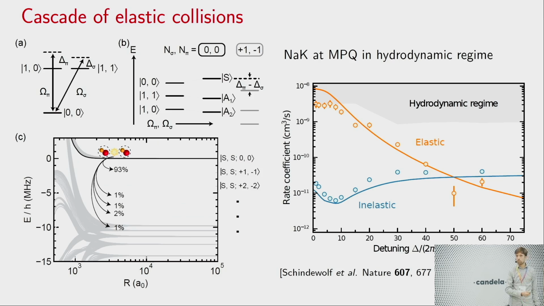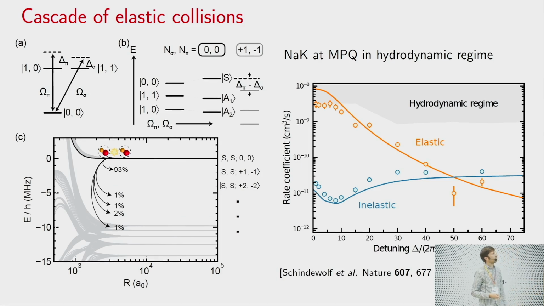It's not limited by elastic collisions, but rather by motion in the trap. So the mean free path is actually short compared to the size of the gas. And so if you have a collision that releases energy, that molecule is not immediately lost as it would be in a typical ultracold atoms experiment, but it can actually hit additional molecules on the way and impart part of that energy into the rest of the gas.